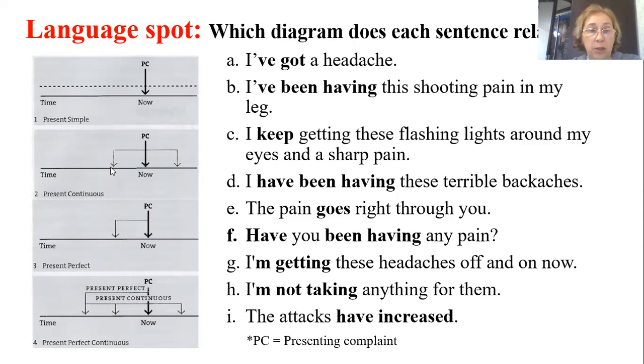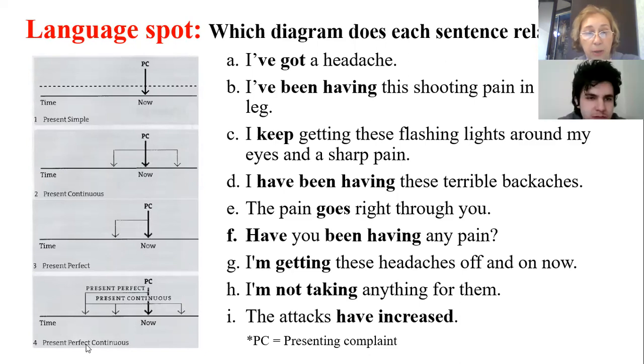So it started in the past and it is in progress now, and it can continue for some period of time in the future. And present perfect, diagram 3, started in the past and has some result in the present period. And number 4 diagram, this is the present perfect continuous.